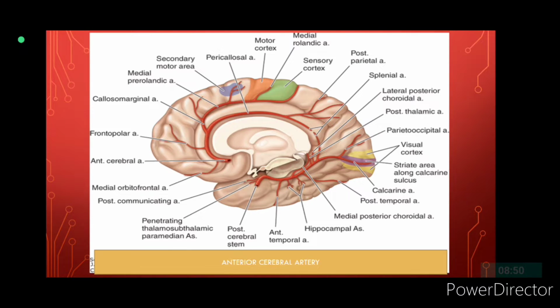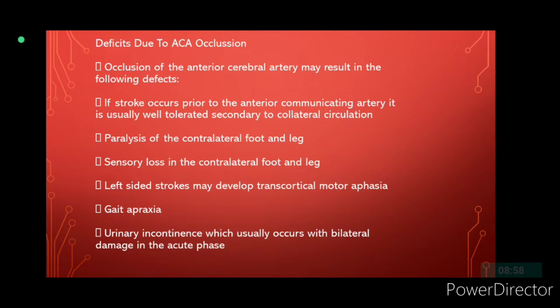Anterior cerebral artery. Deficits due to anterior cerebral artery occlusion.